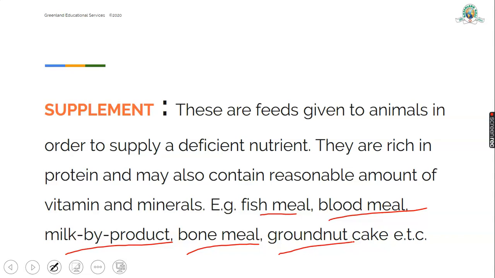There are many. Many foods given to farm animals to supply a deficient nutrient is what we refer to as supplements.